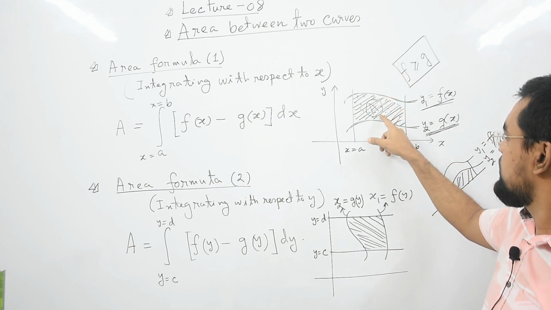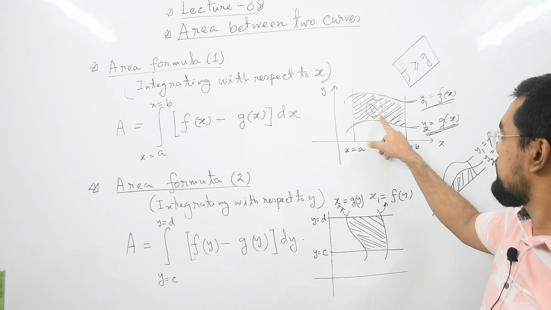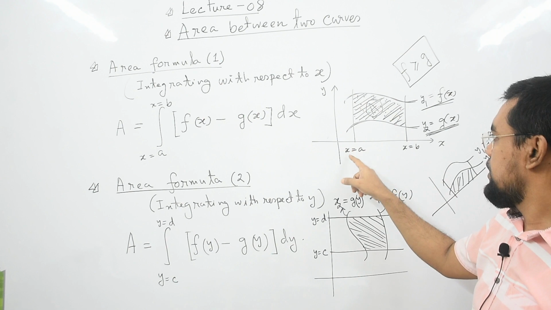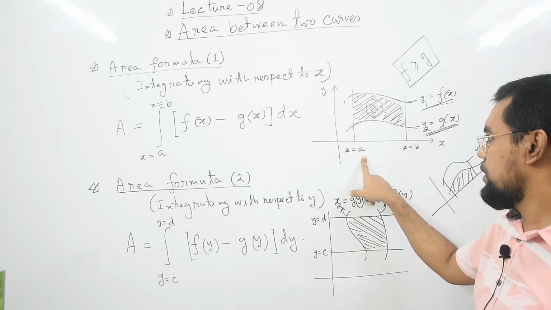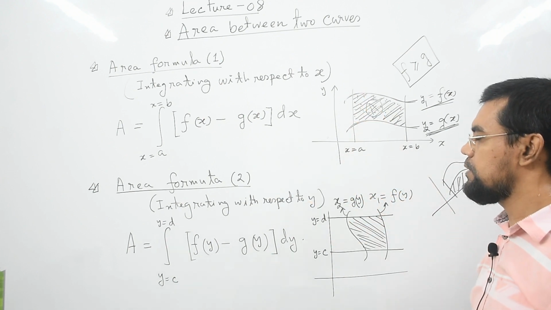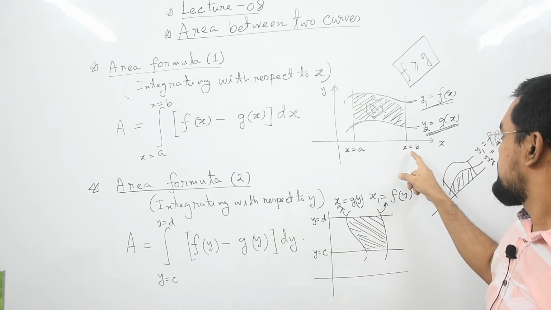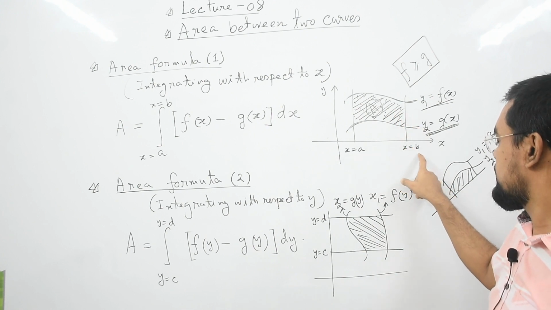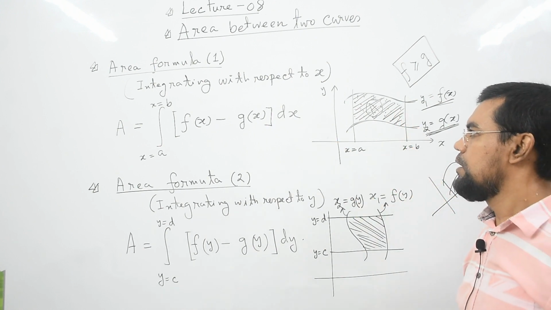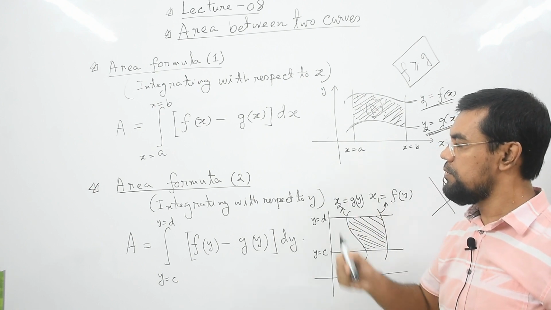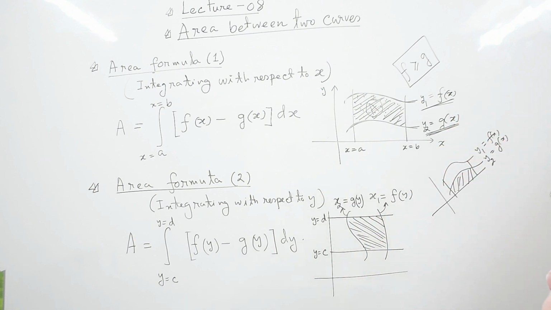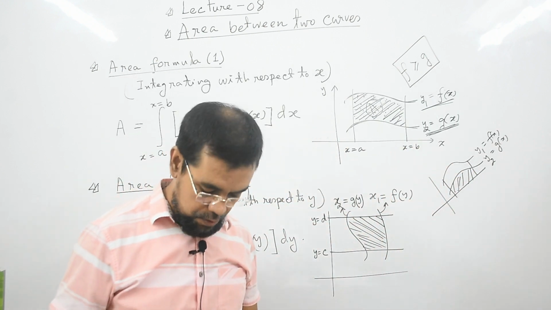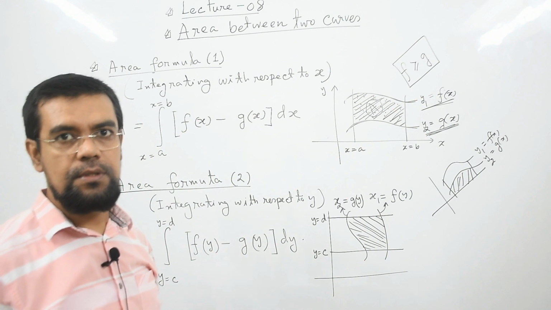And note that this region is bounded above by y1, below by y2, on the left by a line x equal to a, which is also the lower limit of your integration, and on the right by another line x equal to b, which is the upper limit of your integral. So it's not so difficult if you want to know area between two curves.